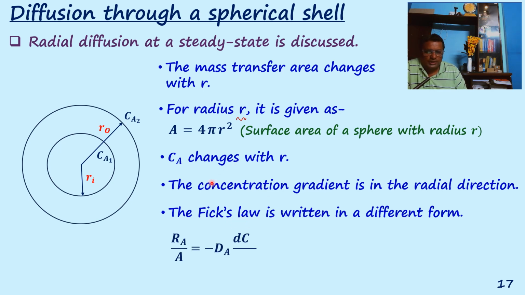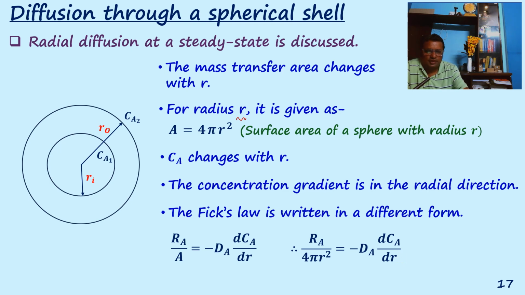How are you going to write that? That will be written as Ra upon A is equal to minus dA into dCA by dr. In the next step, we are going to replace A with 4 pi r square. In this case, the area available for mass transfer, the area through which diffusion occurs, is 4 pi r square. So you'll have Ra upon 4 pi r square is equal to minus dA into dCA by dr.